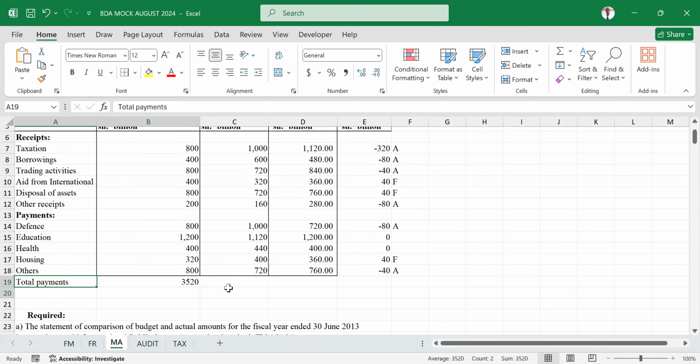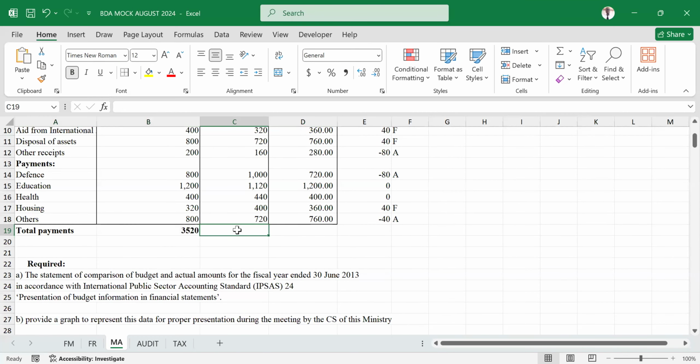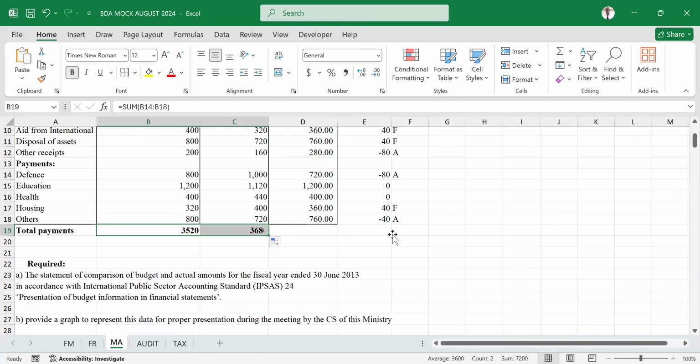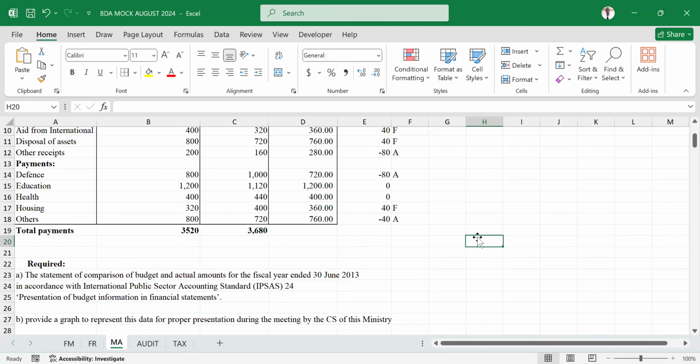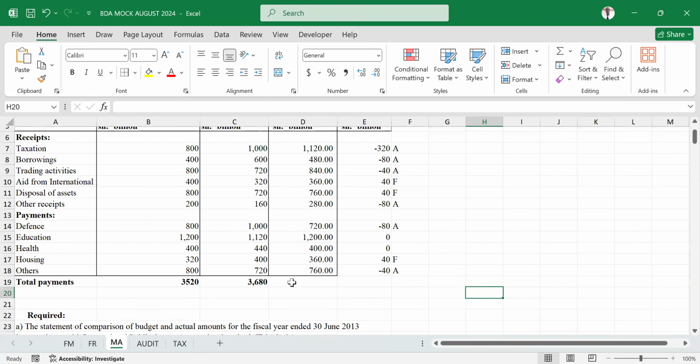Then I want us to do the same for the middle one, which is the original. Let's also get the total of the original budget for the payments. Let me just drag this formula here to add that. Let me confirm. I think it's okay. So that is the total payments for the original budget. Then we do the same for the final budget. We are comparing just the payments alone first.